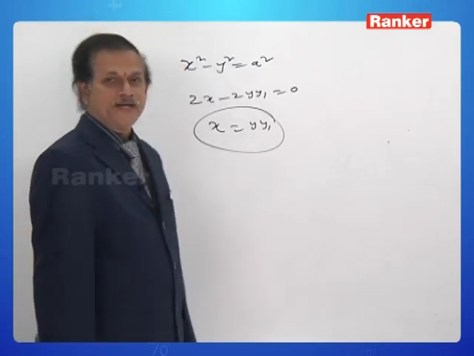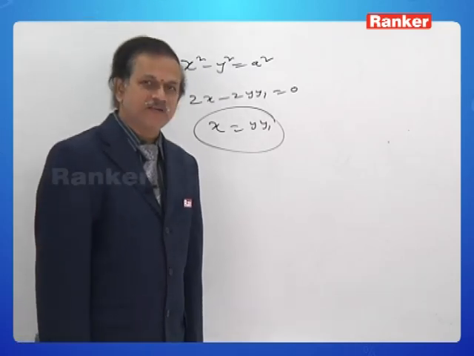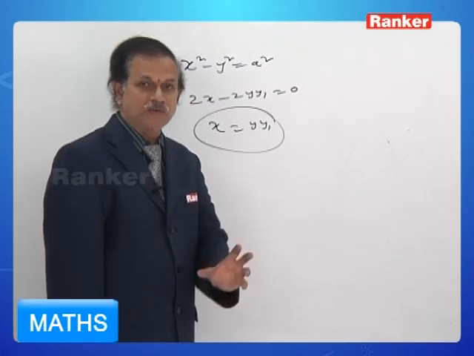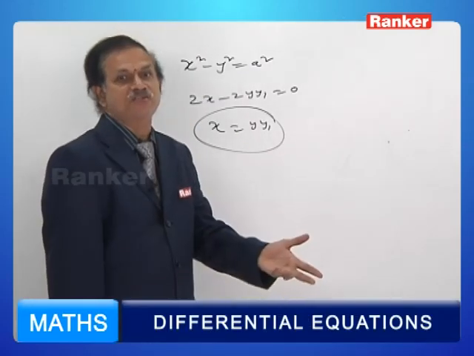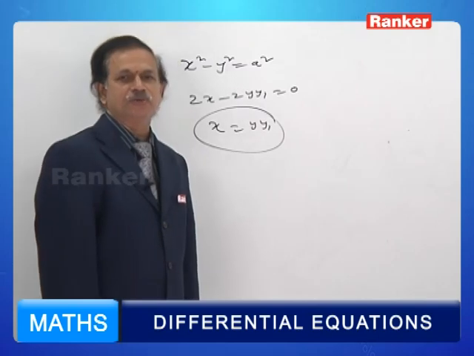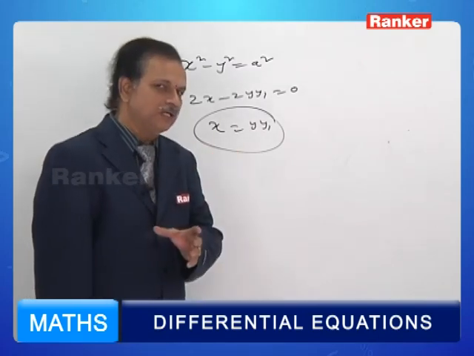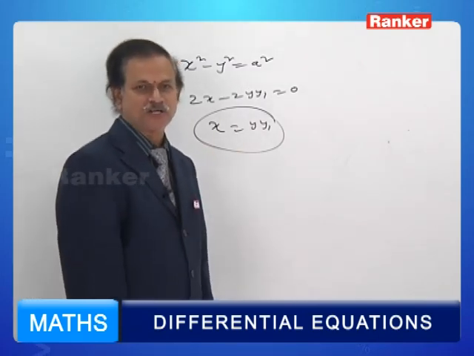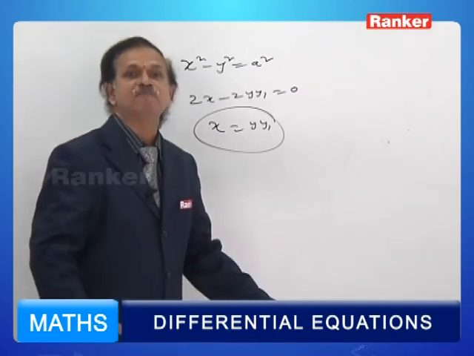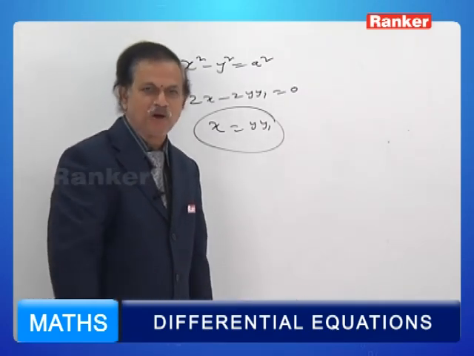Well, depending on the sentence given in the question, you are supposed to trace the standard equation of the family. After knowing the family only, you will be able to have the differential equation. We will observe that importance in the next problem.